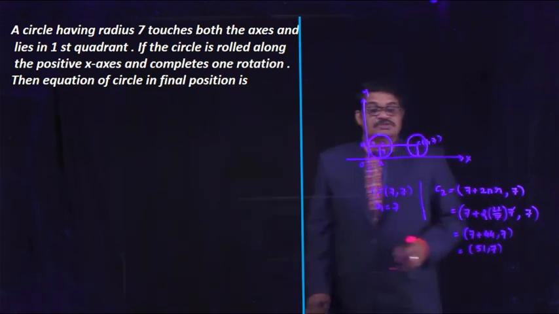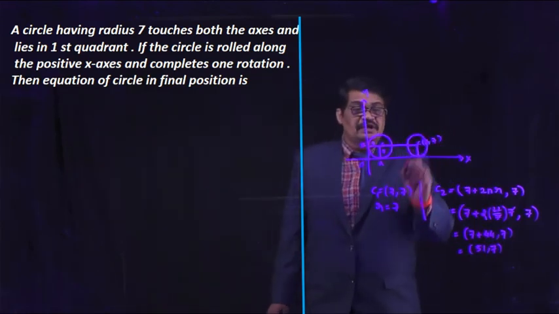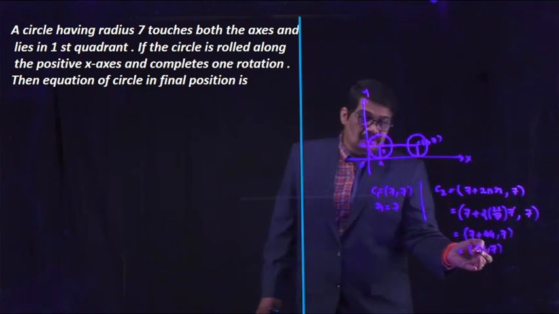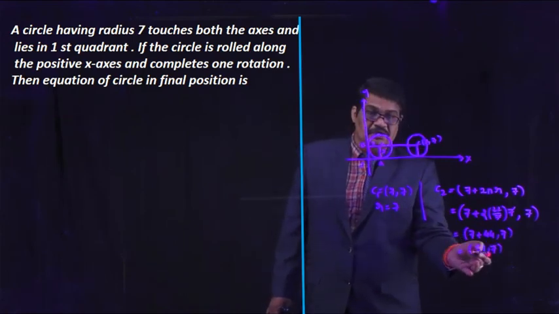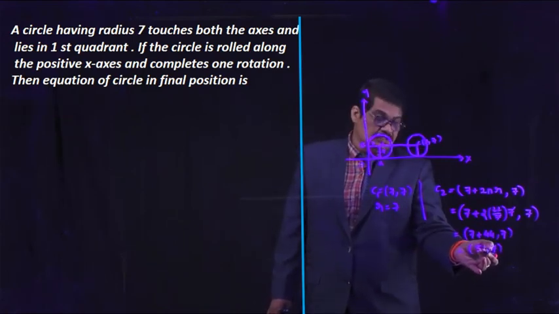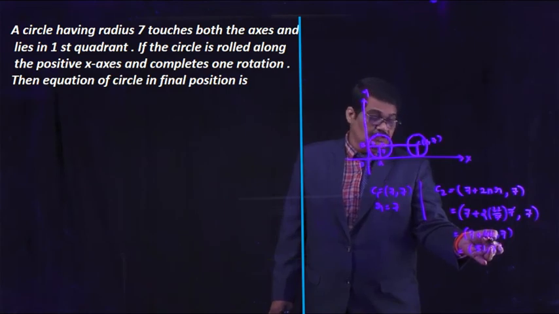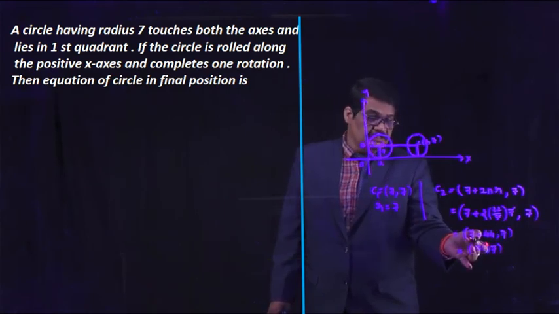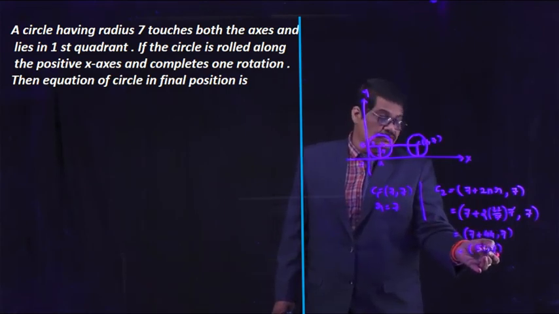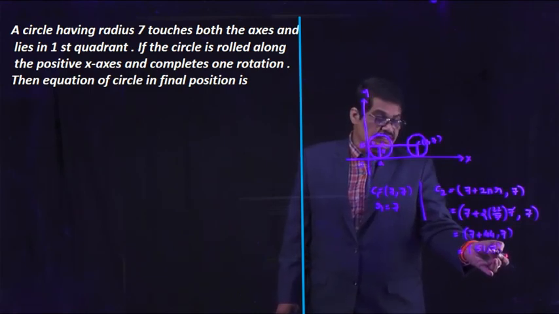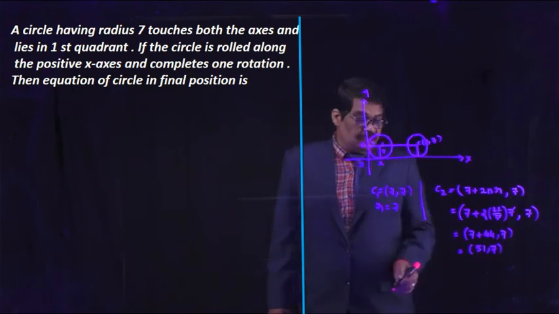In the final position of the circle, the center becomes 51 comma 7. The x coordinate increased by 44 units. Then adding 7, we get 51 units for the x coordinate, and the y coordinate is not changed, that is 7. Then what is the circle equation?